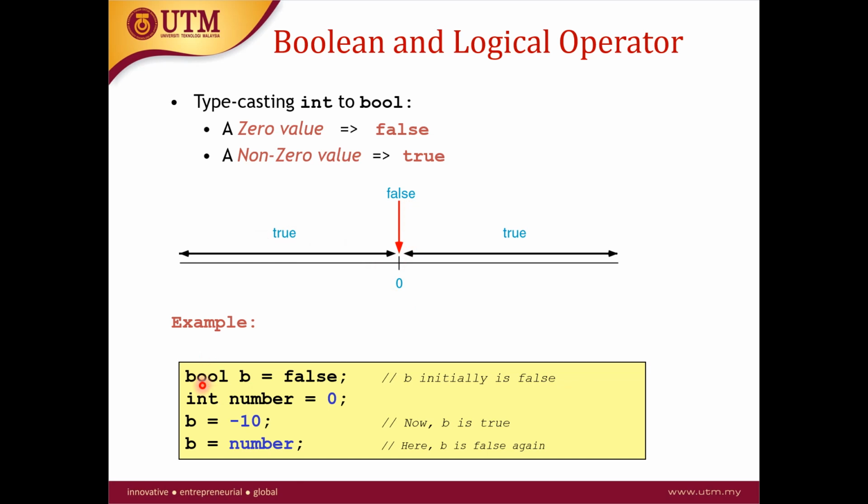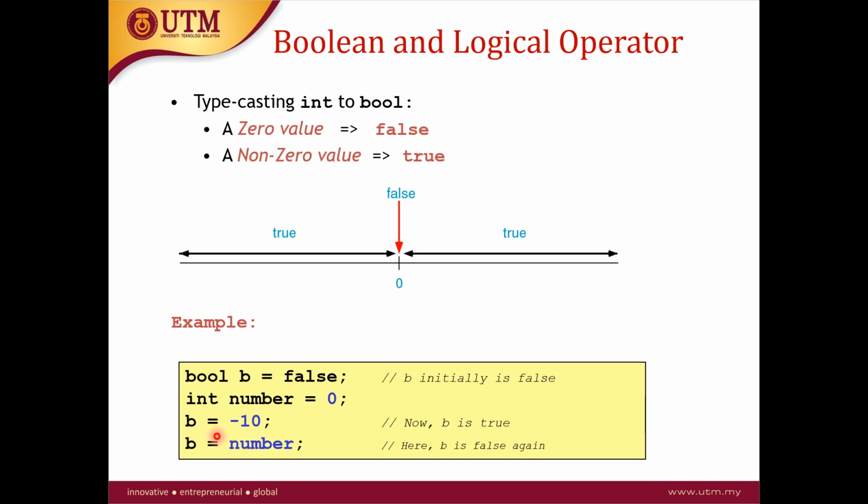For example, we have bool b equals false. So initially we assigned b to false. This variable b, whose type is bool, is false, and we say integer number equals 0. Now we say b equals minus 10. b was false, or 0, as we said here. Now we are reassigning it to minus 10.